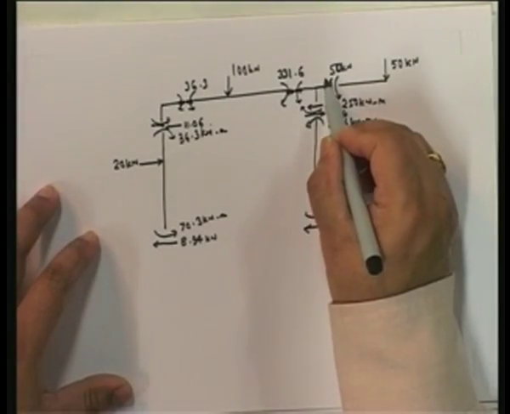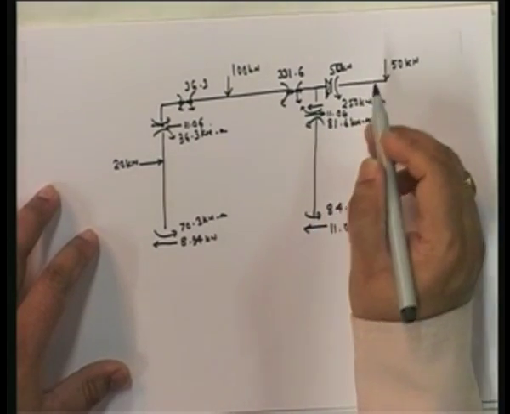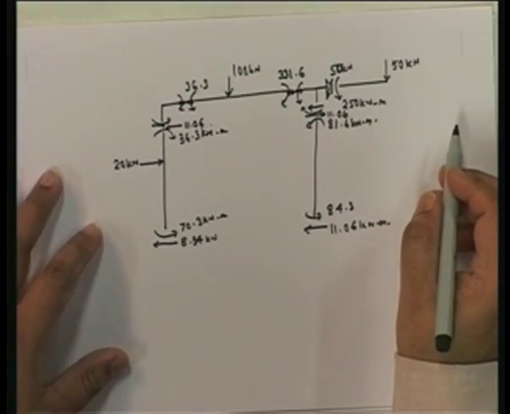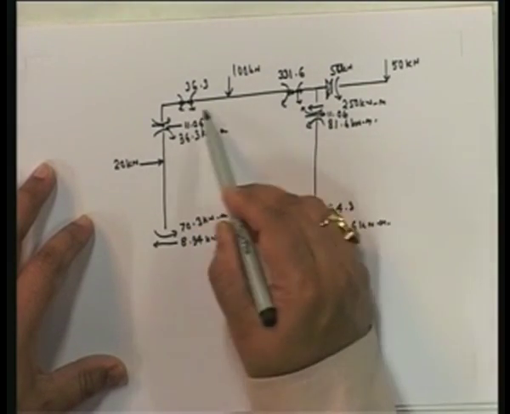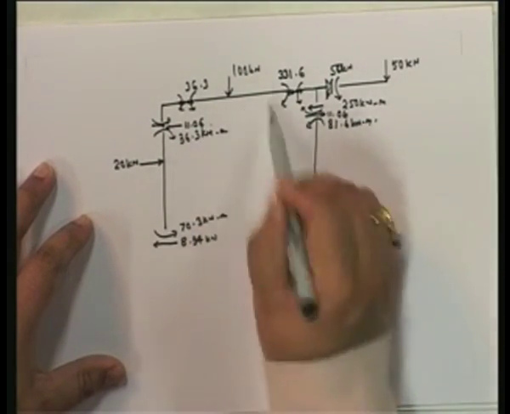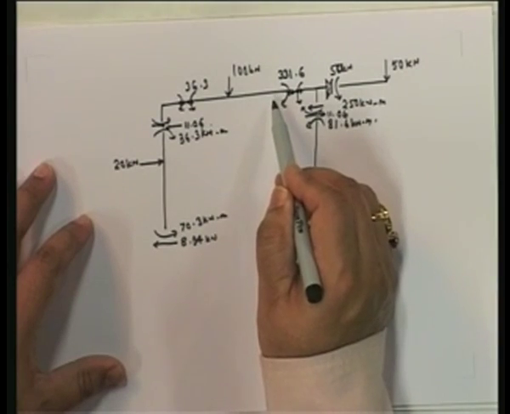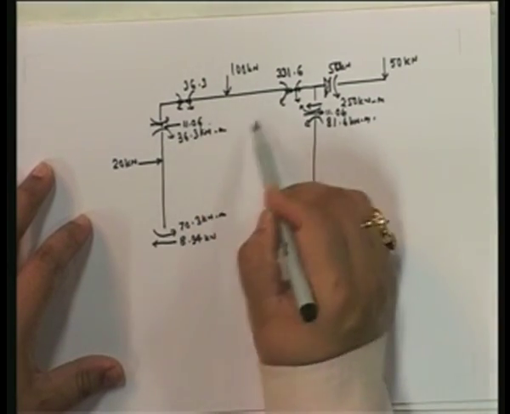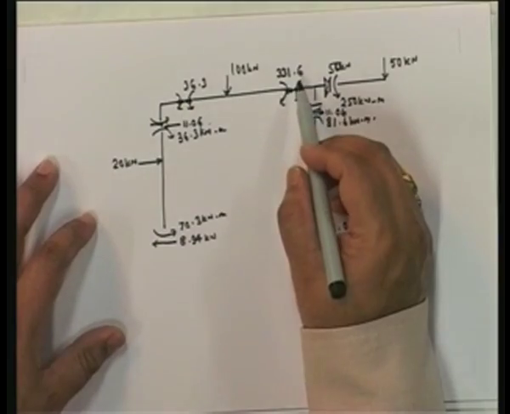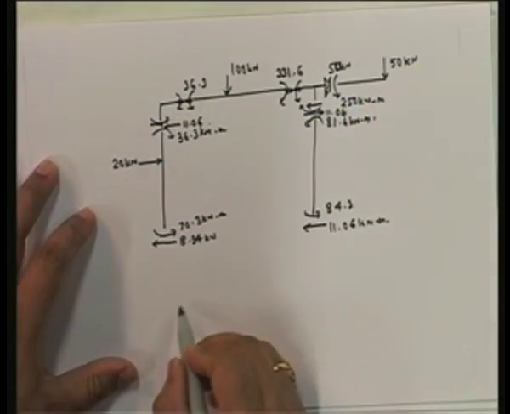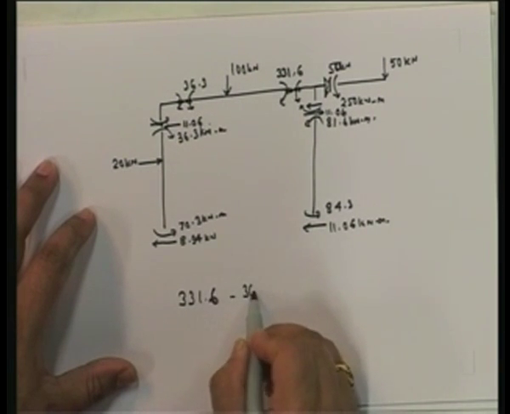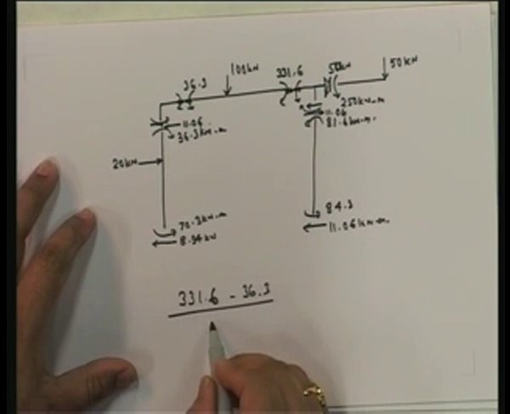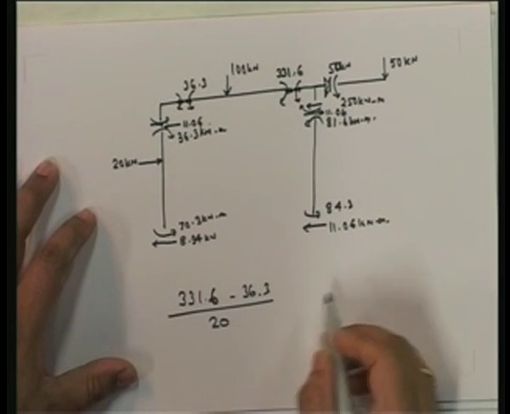Now all we have to do is the Fy balance. This particular one has a net moment in this direction, so it gives rise to a force in this direction, equal to 331.6 minus 36, divided by 20.